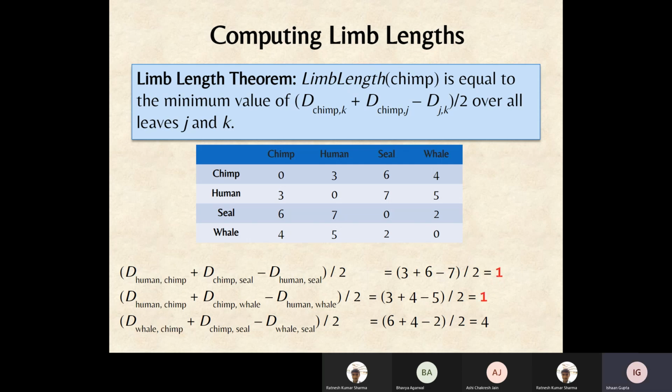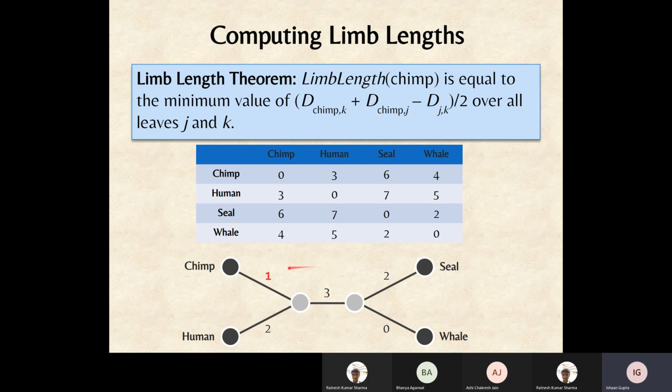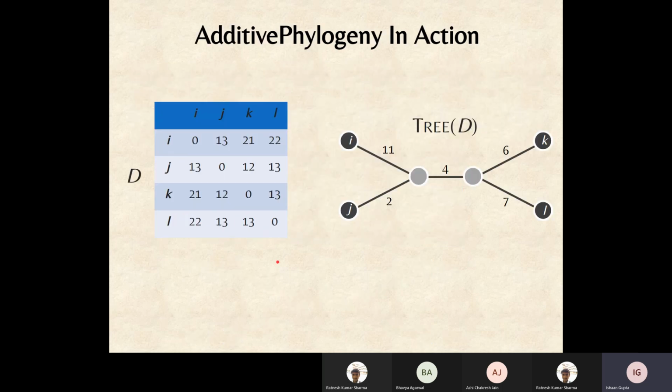Let us say you just take the first one. All right. So now you know that the length of this limb for chimp is 1. You know that the distance between human and chimp was 3. So this is 1, and then you can calculate that the human node was 2 away from this internal node.